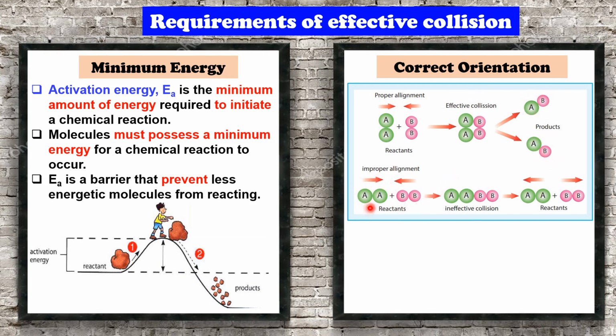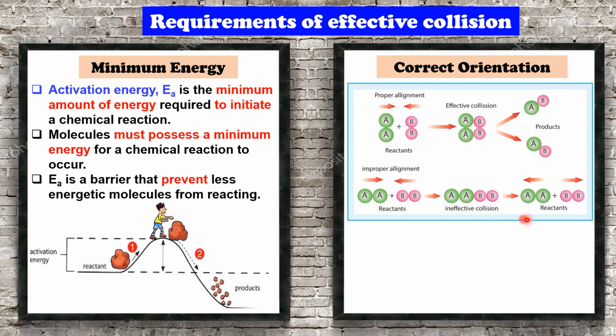However, if both molecules react together but not in the correct orientation, so improper alignment like this, what would happen? It will produce an ineffective collision. The molecules will collide, but because they are not in the right orientation, it will produce an ineffective collision. As a result, no product is formed. So it remains as reactant.